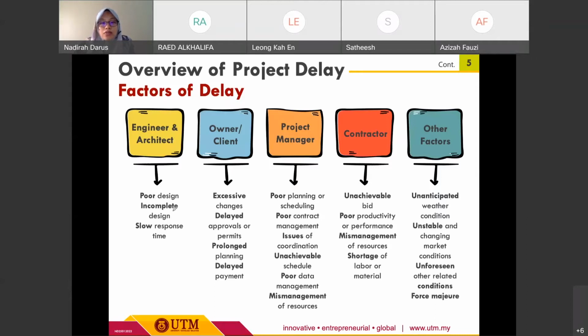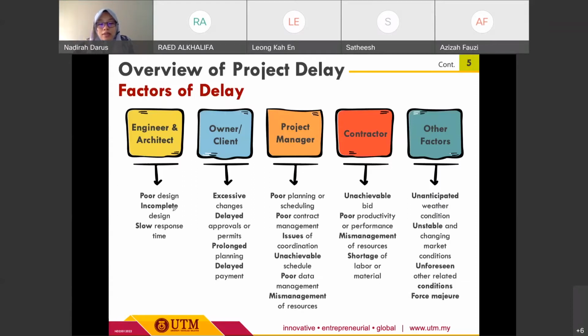Because any construction, for example the buildings that we are going to construct, will be based on a specific design. If we don't have any design to work from, how can we proceed with the project? So that will be part of the main factors of the delay.